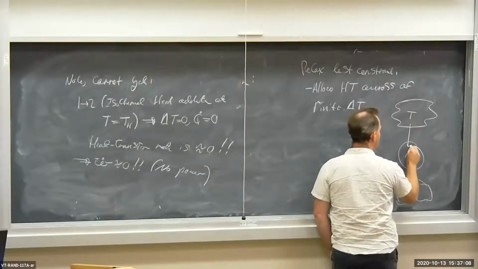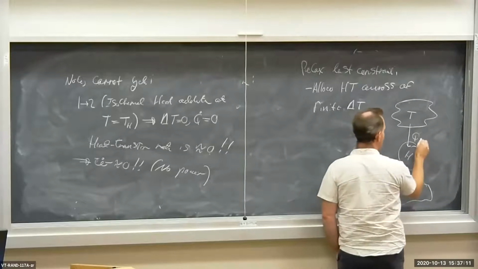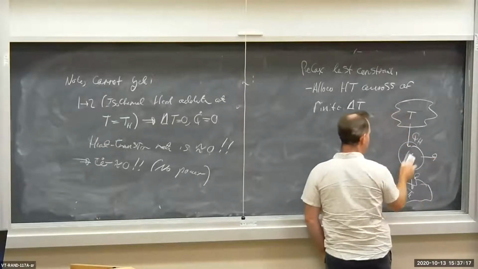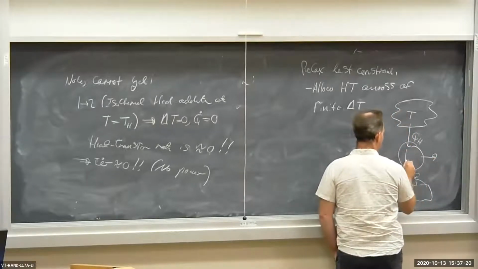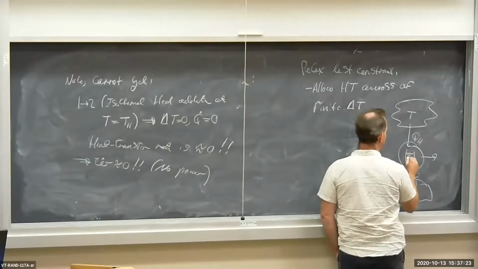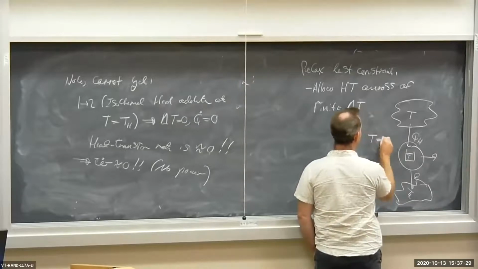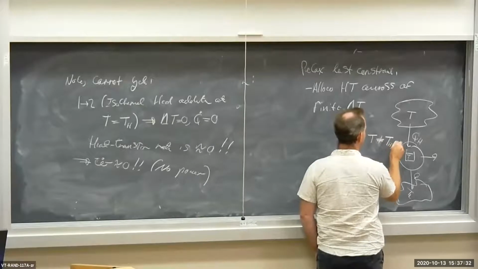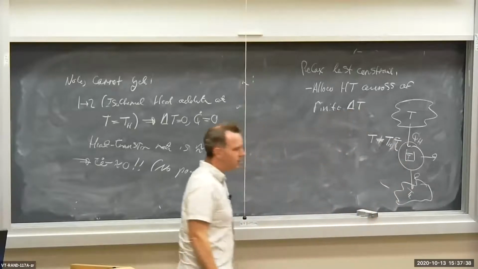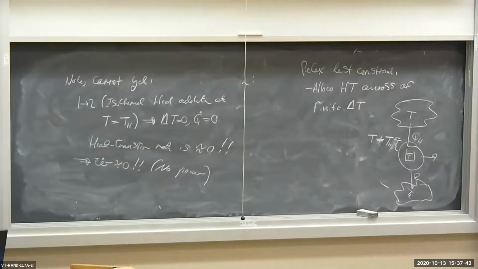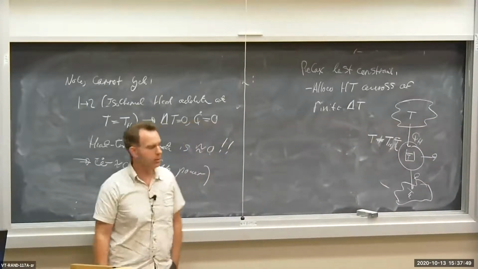We're going to allow it to receive heat or reject heat, where the working fluid is at some temperature T, where T is not equal to T high or T low. We're going to let T of the working fluid be different than T high or T low when we have heat interactions. Okay? We're going to allow heat transfer across a finite delta T.